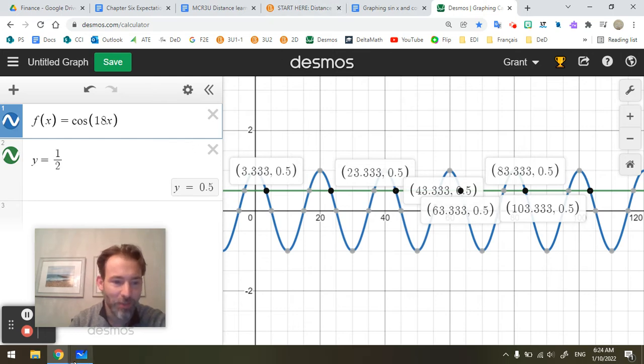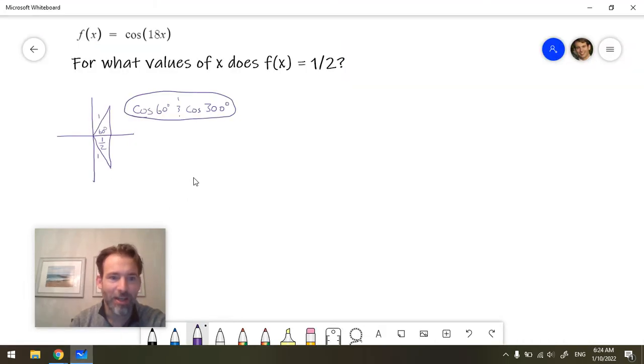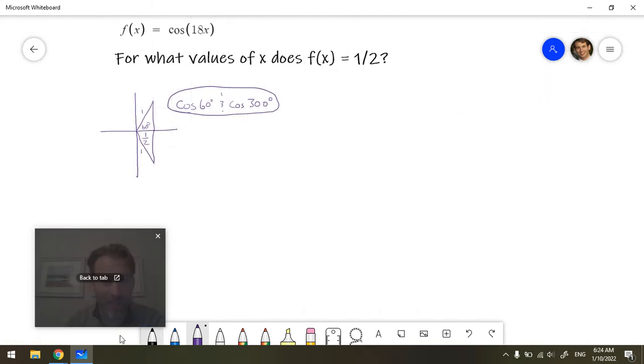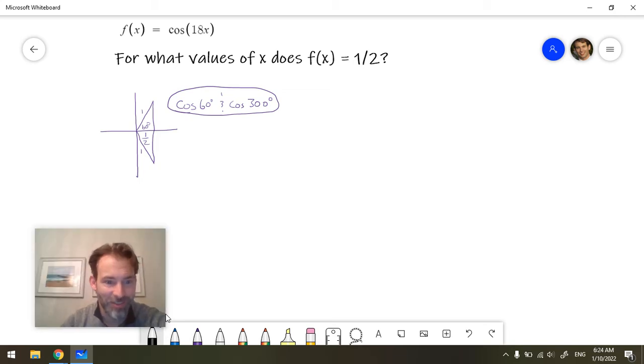All right, so we can express that set of solutions as a function, or sorry, as an arithmetic series. And that's going to look like this.